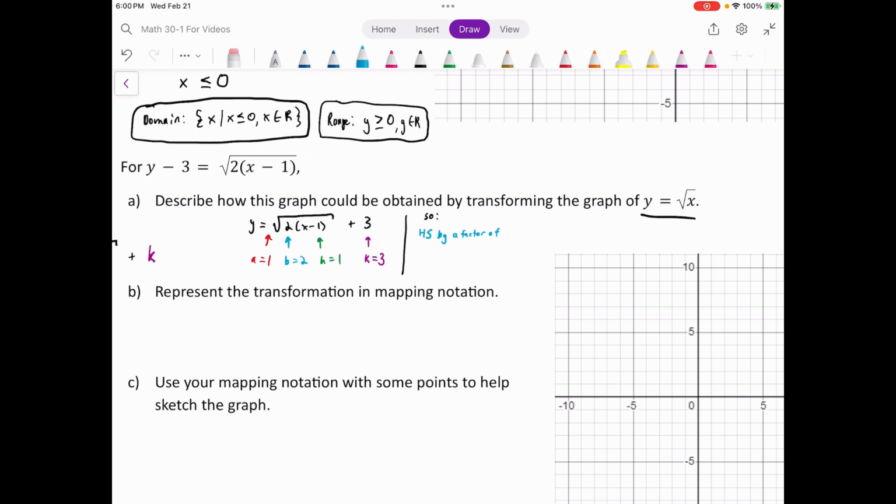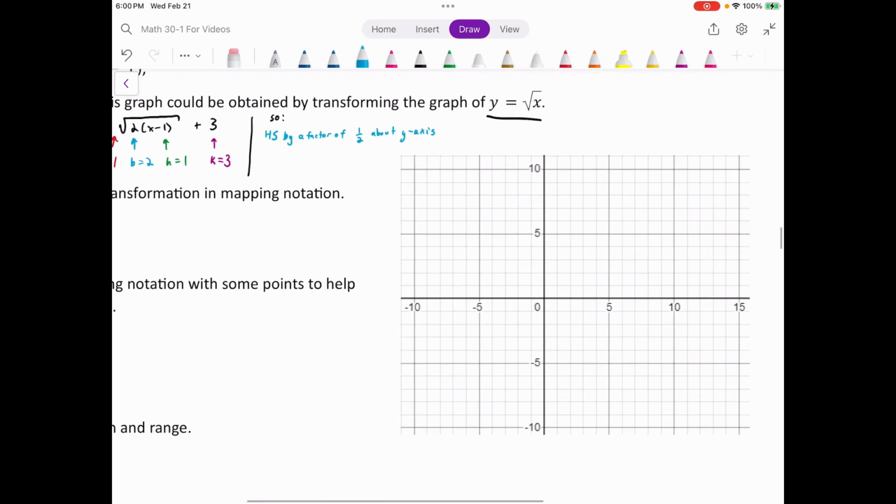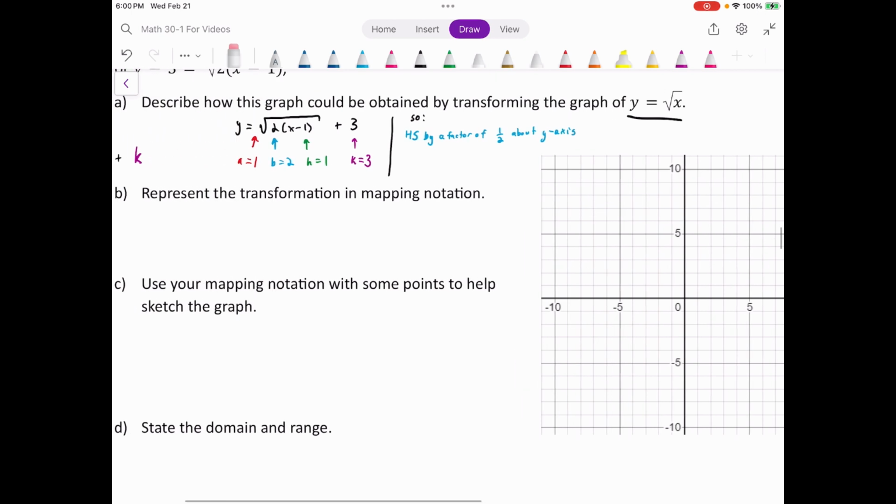No, it's 1 over 2 about the x-axis. Nope, not about the x-axis, about the y-axis. That's where we stretch from for a horizontal stretch. Again, because we're going to stretch horizontally about the y-axis. Maybe away, maybe towards, but that's our base point that we're stretching from.